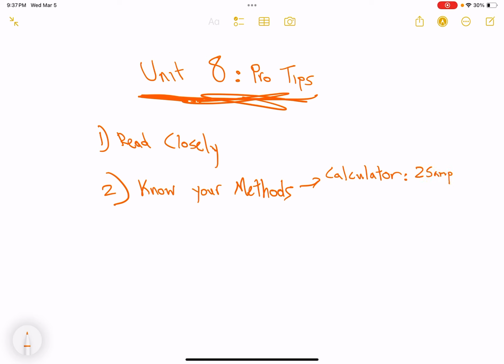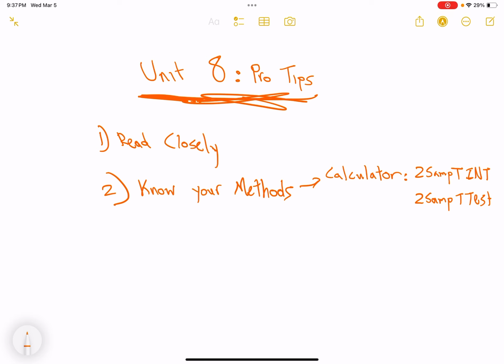2samp... Ooh, not Z. What am I doing? 2samp... Ooh, T int for confidence intervals for means. 2samp T test for significance tests for 2 means.